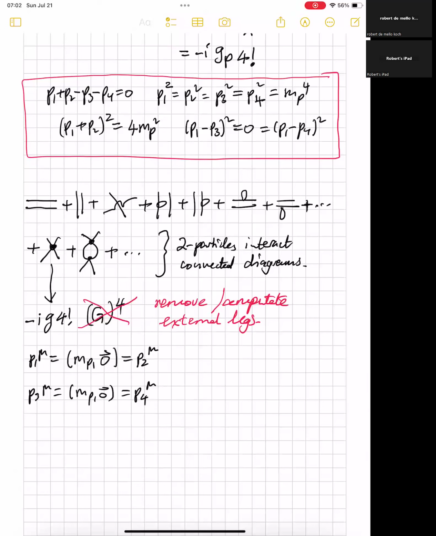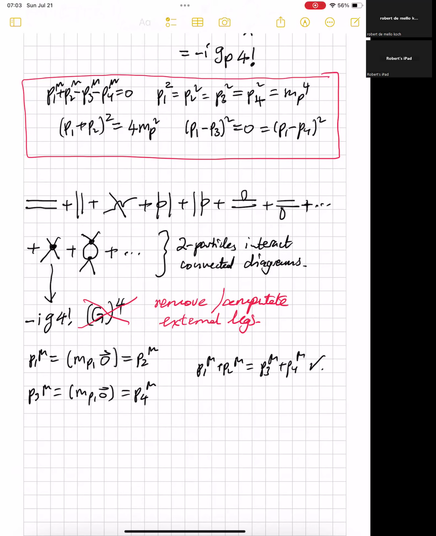Well, the conservation of momentum is saying that P1 mu plus P2 mu must be equal to P3 mu plus P4 mu. That's clearly obeyed. This condition here, of course, was written for the 4 vector, the momentum 4 vector. So good, energy and momentum are conserved.